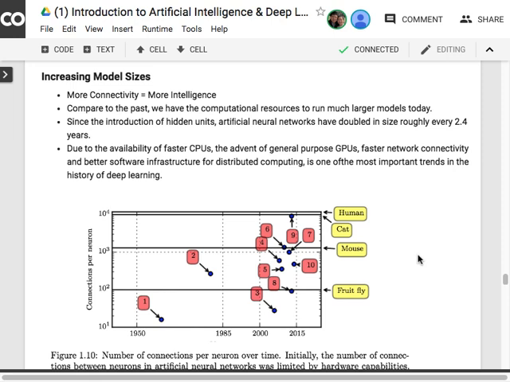In neural networks, the model size has much higher connection per neuron.